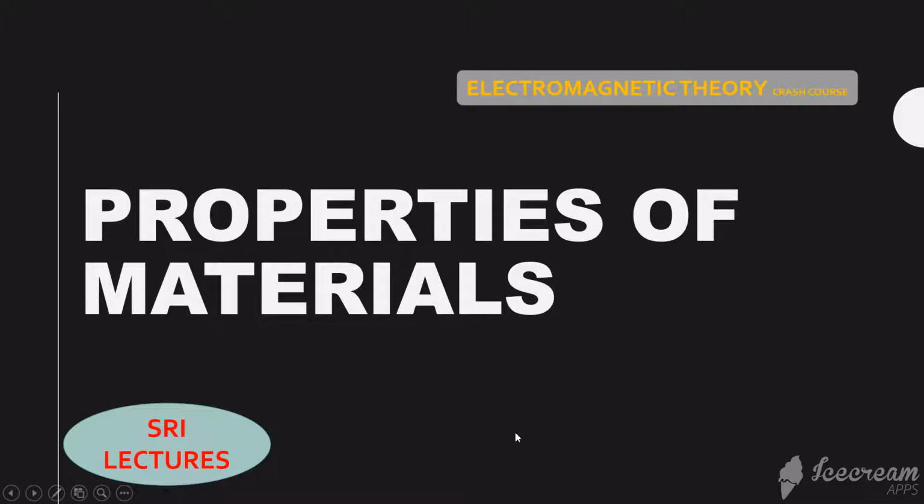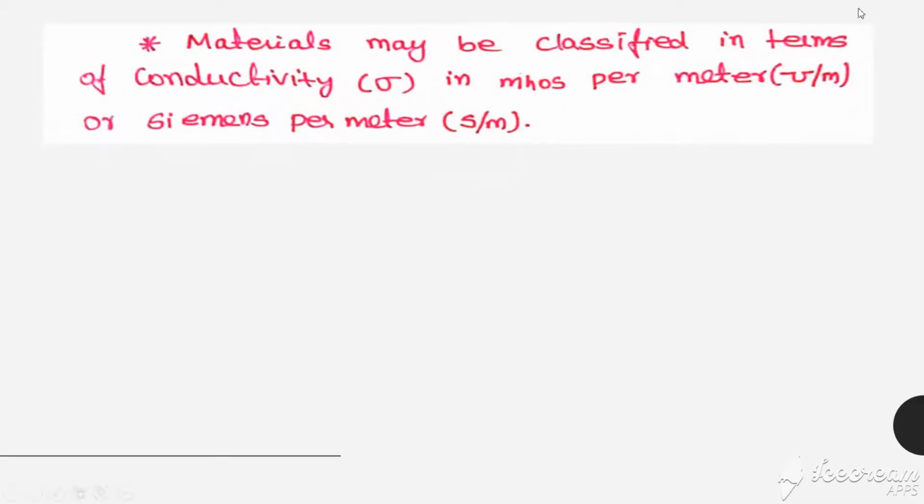In this video we will discuss some of the properties of materials with respect to the electrostatic field. Materials may be classified in terms of conductivity, sigma. The unit for conductivity is mho per meter or Siemens per meter.